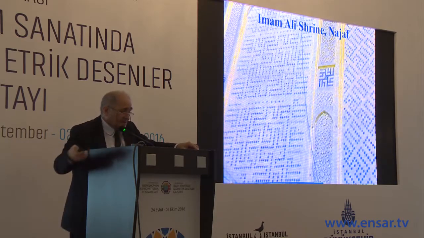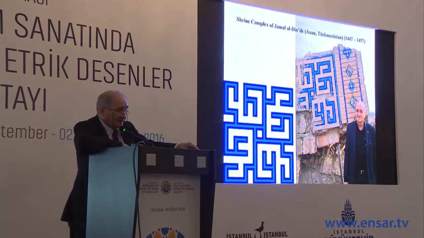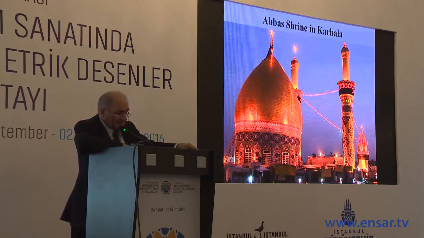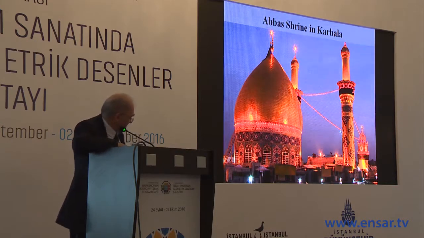And on the shrine complex of Jamaleddin, it's also in Turkmenistan, Anau, old city Anau. Squared shaped and C4 symmetrical Ali composition on the minaret of Abbas shrine in Kerbala is side by side with Muhammad composition.